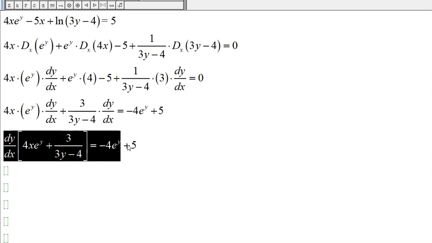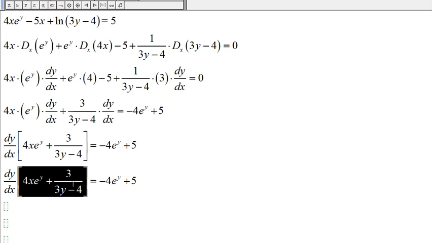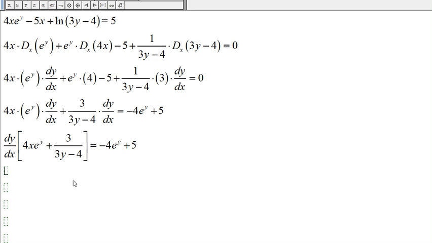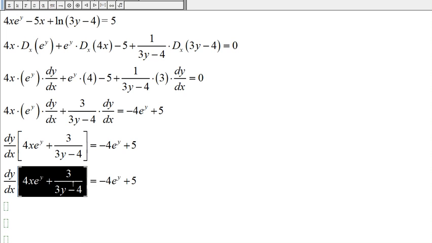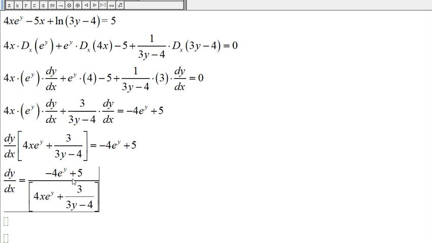And then divide. And this is the answer.